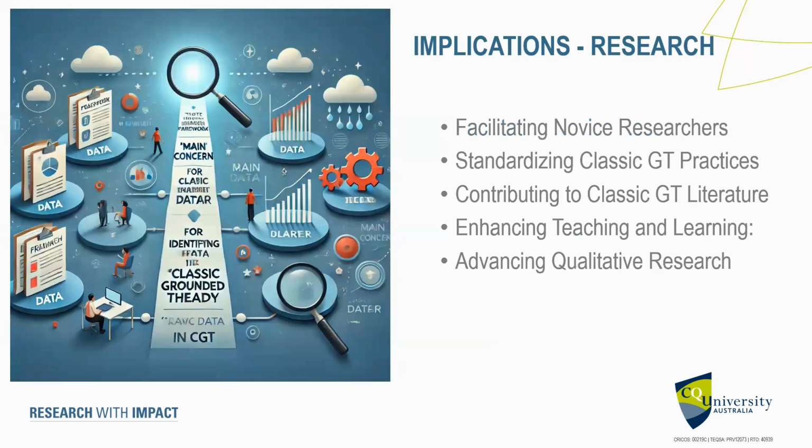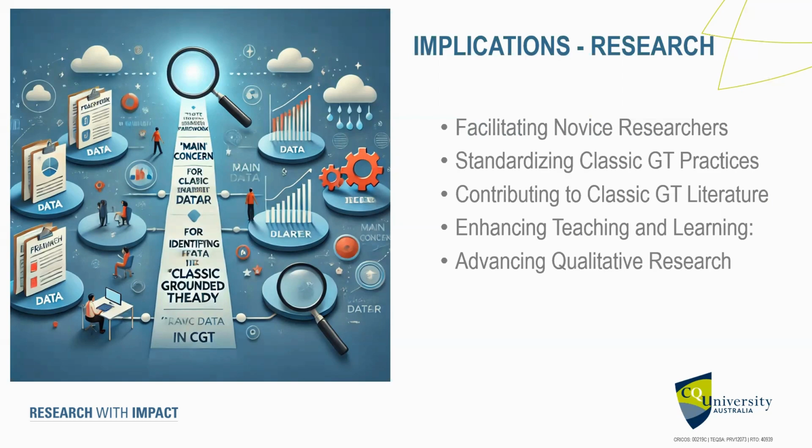Implications stemming from the development of the visual guide or framework for identifying the main concern in classic grounded theory studies, we found had 5 main implications. The visual guide provides a structured approach for novice researchers to identify the main concern in classic grounded theory studies, reducing the uncertainty and complexity of the process.